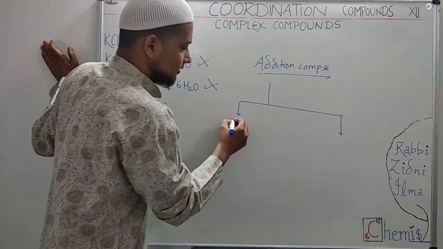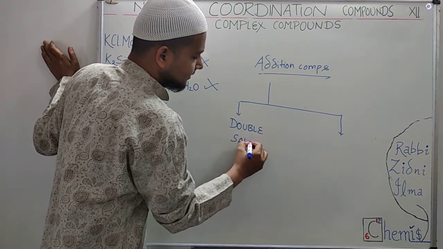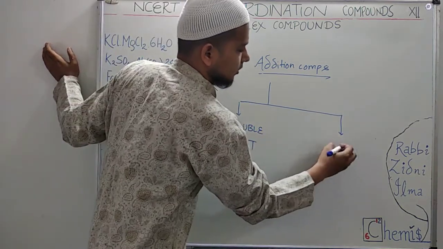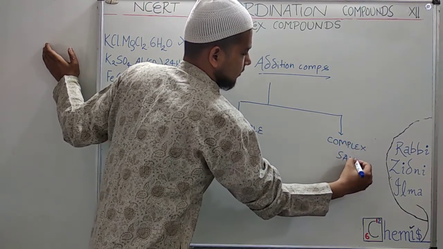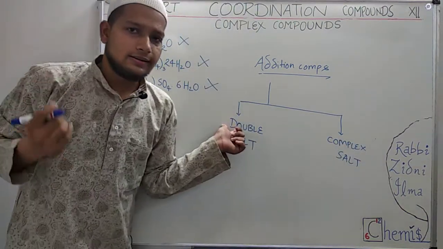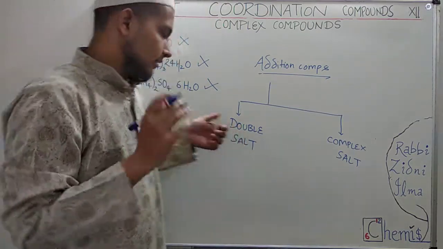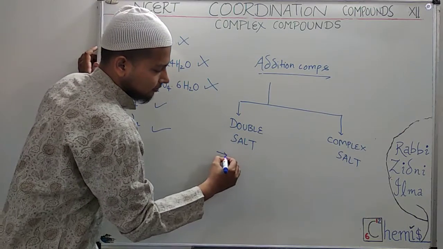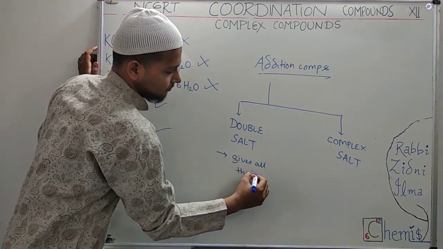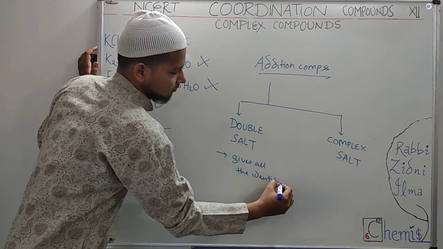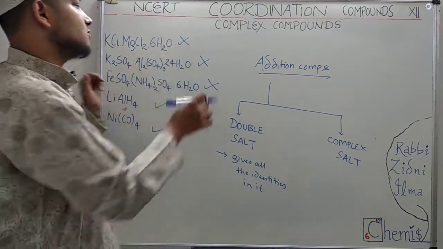One is double salt and the other is called complex salt. Now, as far as double salt is concerned, it will give all the identities present in it.